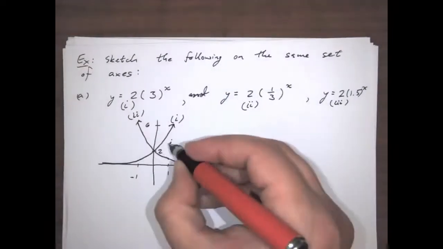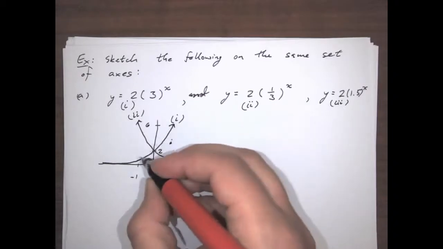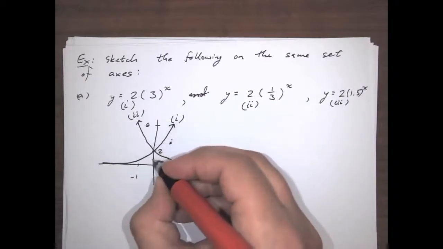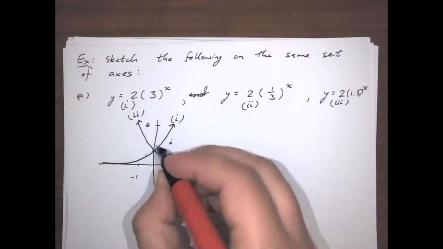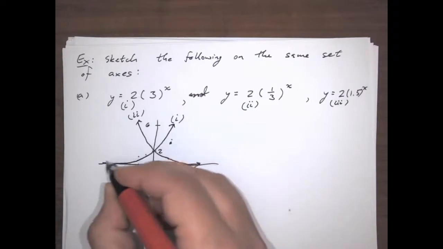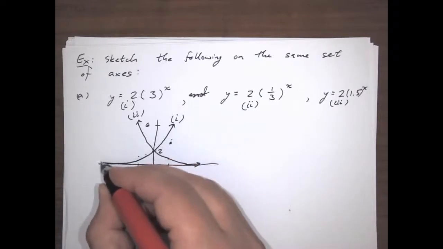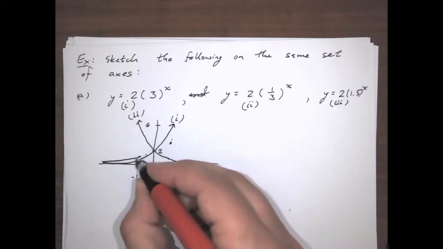So that means that here we're only going to be at 3 on that side, and we're only going to be at 1.3 on this side, so it's going to be slightly higher. And so what that means is it's going to be a milder slope.